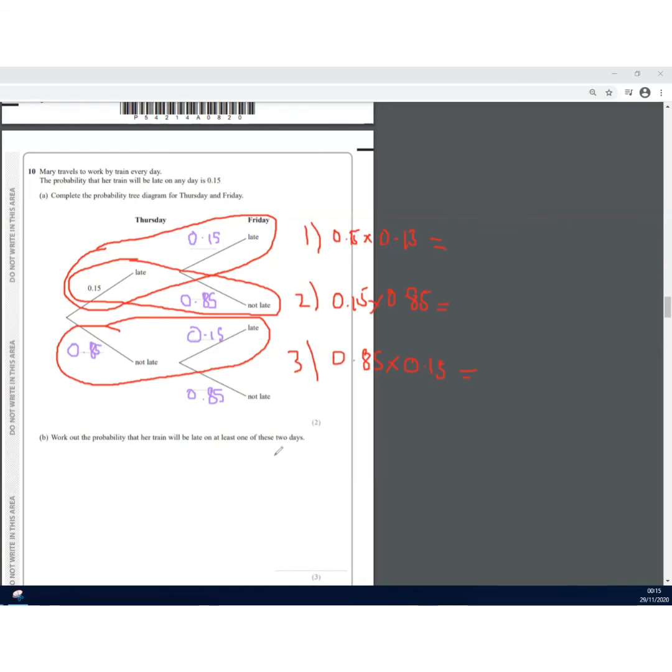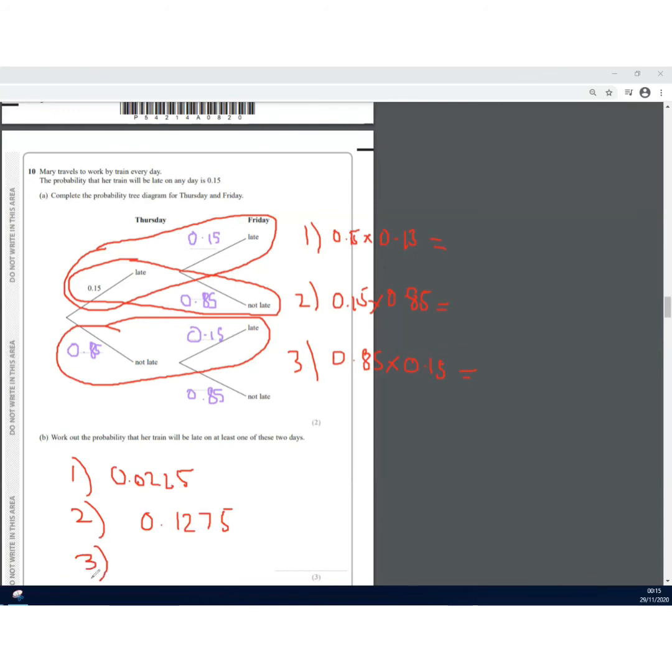So 0.15 times 0.15 is 0.0225. That's the first possibility. The second one was 0.15 times 0.85, which is 0.1275.